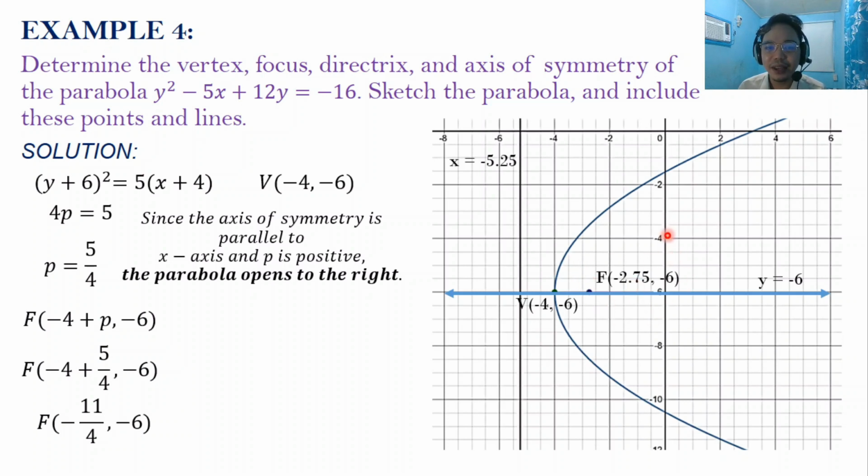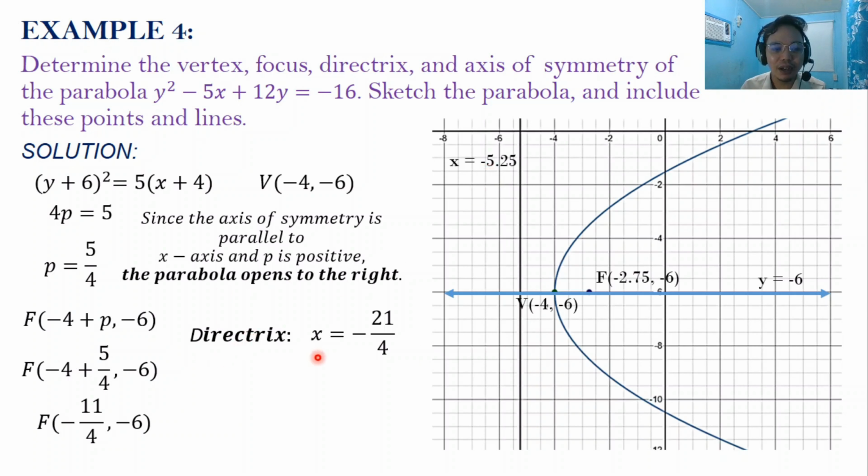Now, we're going to find the equation of our directrix. From the vertex, pupunta naman tayo in opposite direction, going to the left. That will be negative 4 minus 5 over 4. So the directrix will be negative 21 over 4. In decimal form, we have negative 5.25.